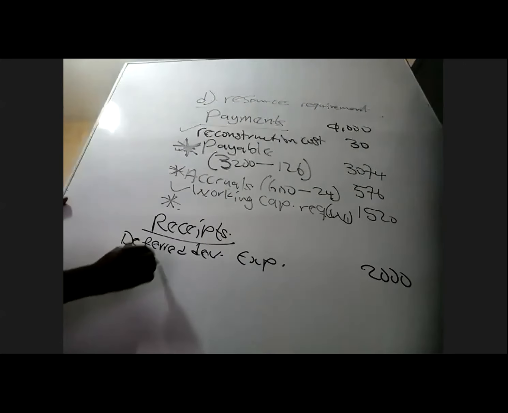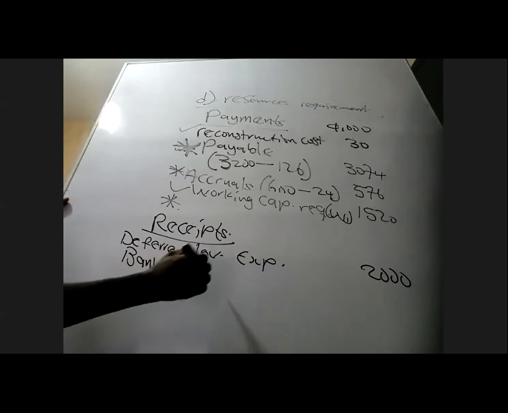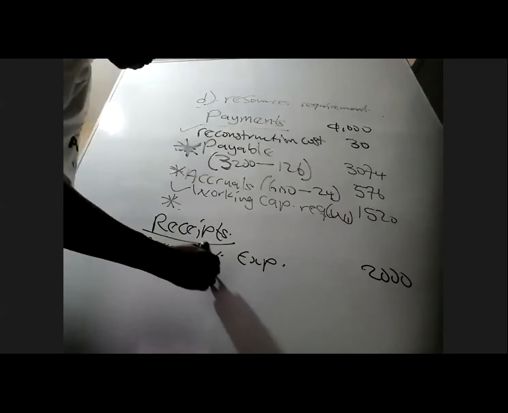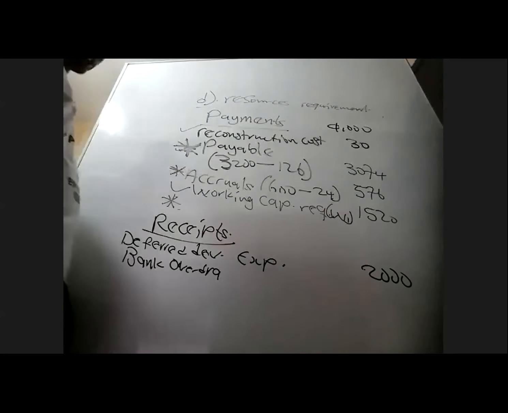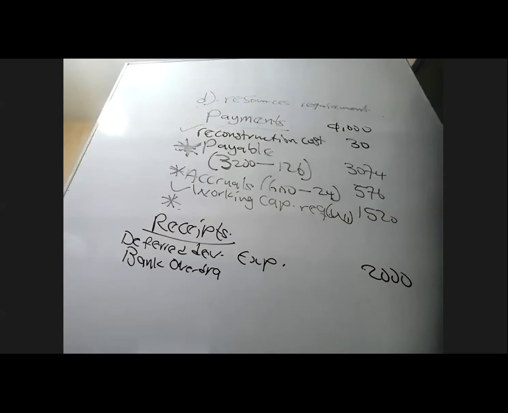Meaning you can go for more. So bank overdraft, let's go for more up to the limit. This is a new current liability.